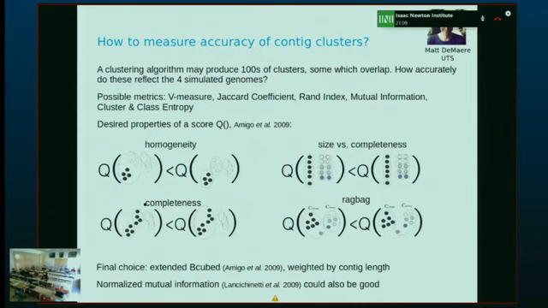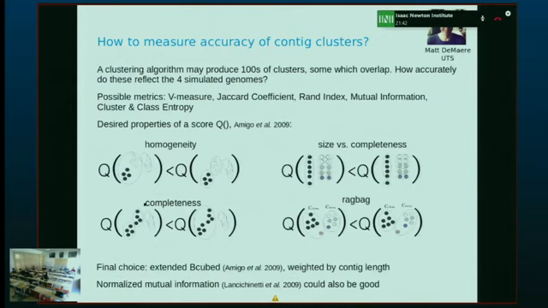And once we have that, then we need a metric to measure the accuracy of clusterings. There's a bunch of different ways that you could do this. We settled on something called extended B cubed, and then further extended B cubed to weight the answers by contig length, basically. And so we chose this because there's a number of nice properties that extended B cubed has. I'm showing those four properties on this slide. Basically, it favors more homogeneous clusters.